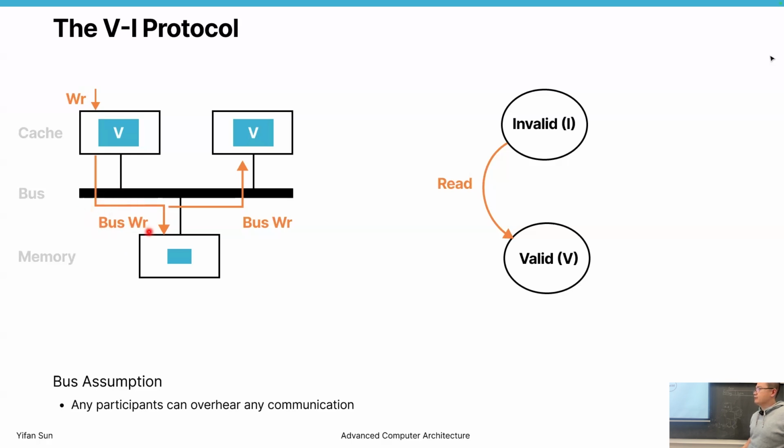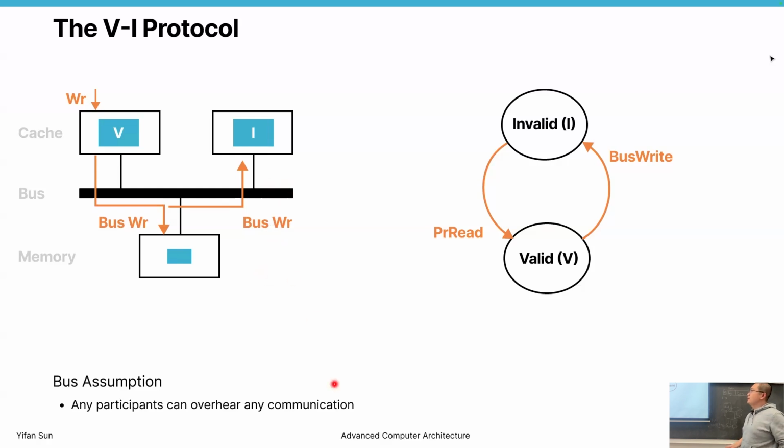This bus write is not only sent to the memory, it is also overheard by this cache. So this cache knows, oh, there's another bus write, so I cannot hold it anymore. I just change my bit from 1 to 0, mark it as invalid. Don't use this data. This data is not valid anymore. So this is the simplest coherency traffic, although there's no extra traffic at this moment.